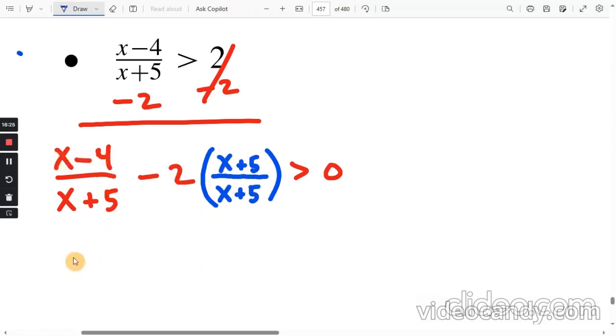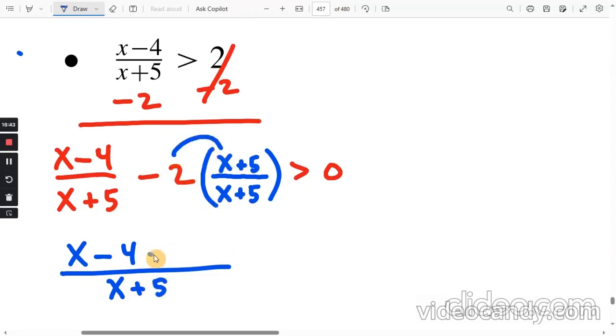Okay, rewriting, x minus 4 is the numerator. x plus 5 is the denominator. And this right here also has the denominator of x plus 5. So we have a common denominator, distributing negative 2 times x and negative 2 times 5.